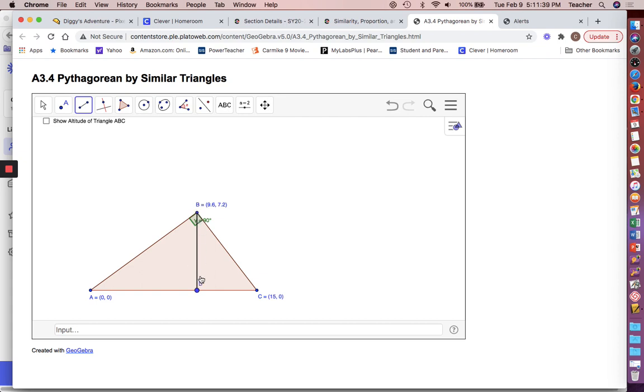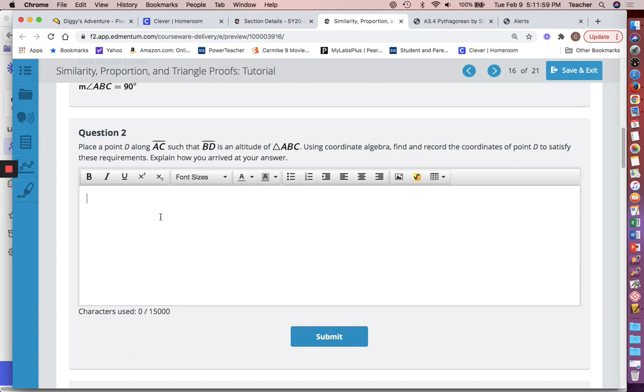Well, if I needed my new D to be right below it, then I wanted to go over but not go up anything. So I knew I had to go over the same distance, 9.6, but I didn't want to go up anything, so I knew the second number is going to be 0. So (9.6, 0). So D was (9.6, 0).